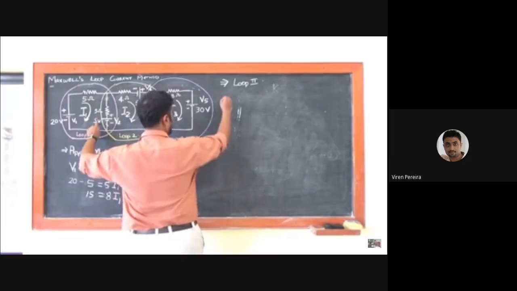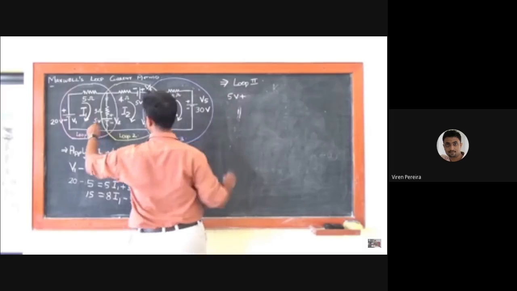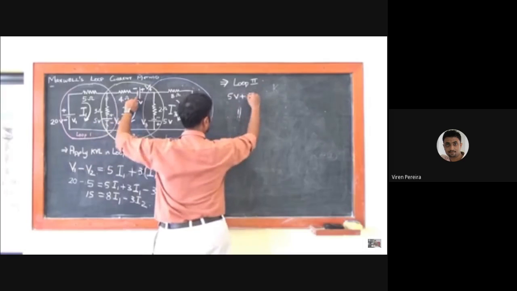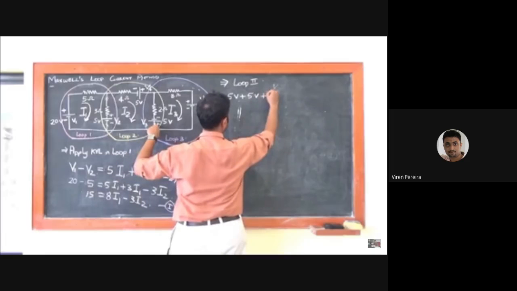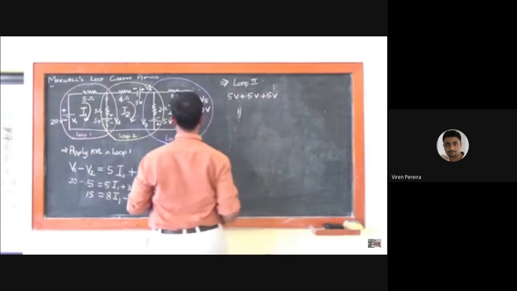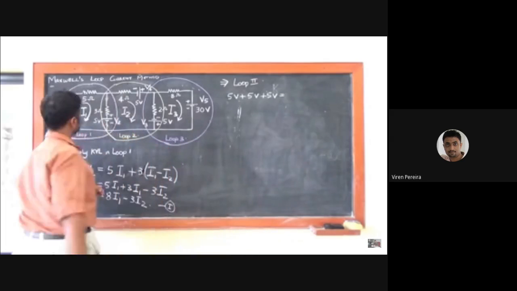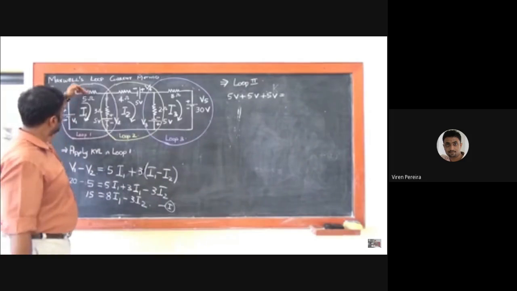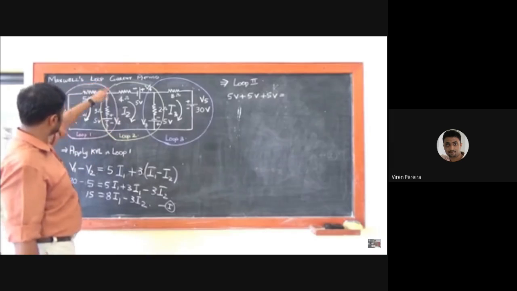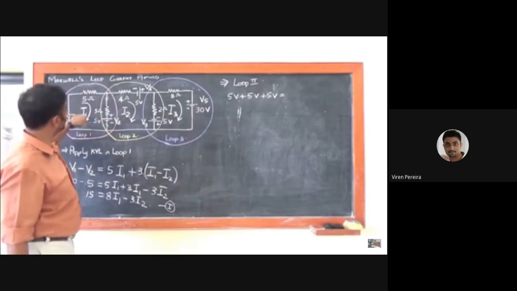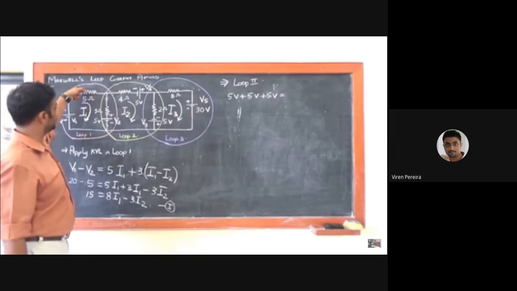So I have 5 plus 5 plus 5, which is equals to... I have one current I1, I have another current I2. See, if you see the loops, whichever resistors are in the loop, they are related to that current.